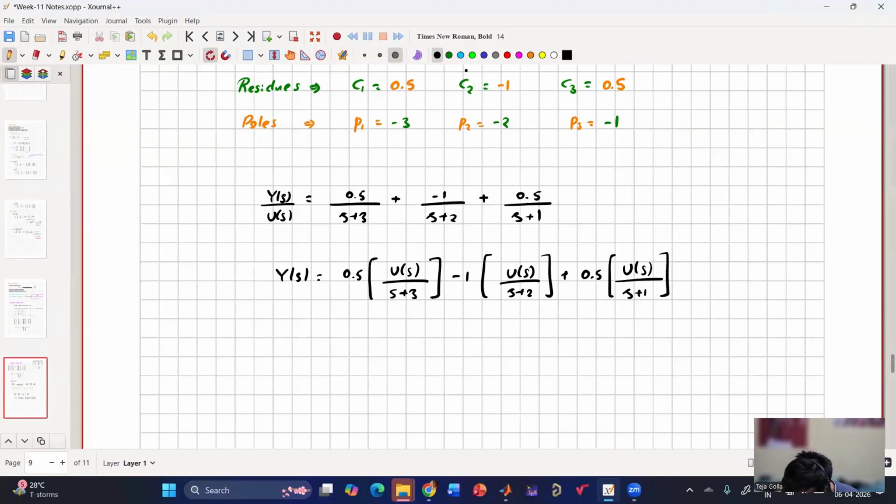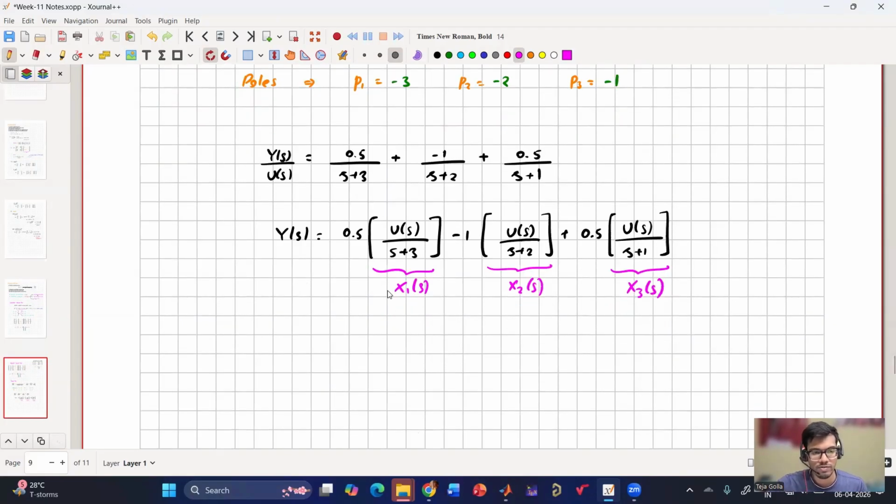Now let us consider these terms as x1 of s, x2 of s and x3 of s. So now y of s is 0.5 into x1 of s minus x2 of s plus 0.5 into x3 of s, as if we have three states, and it is an algebraic summation of these three.